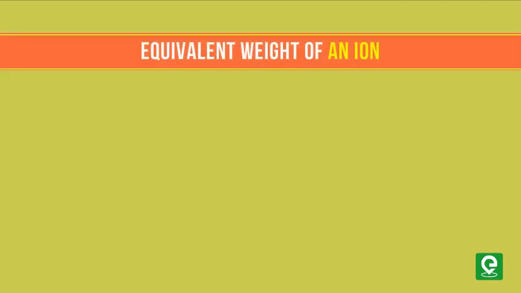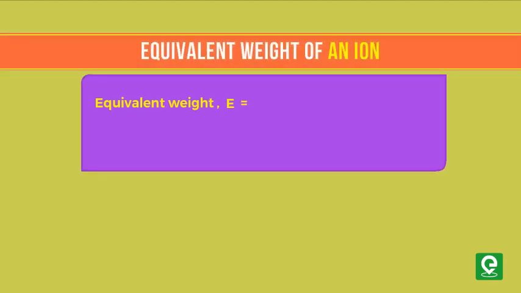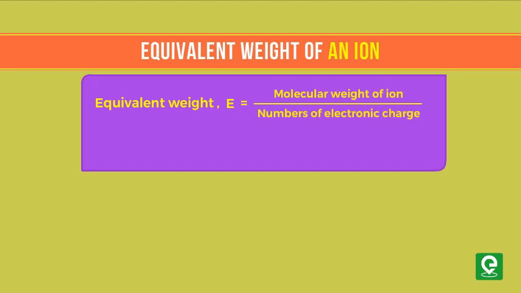Equivalent weight of an ion. The valence factor of an ion is equal to the number of electronic charge on the ion. Therefore, we define equivalent weight of an ion as molecular weight of ion divided by number of electronic charge. For example, the number of electronic charge on carbonate ion CO3 2- is equal to 2.